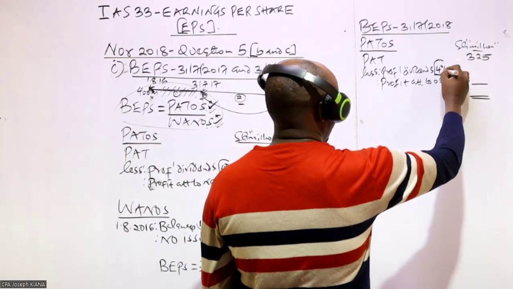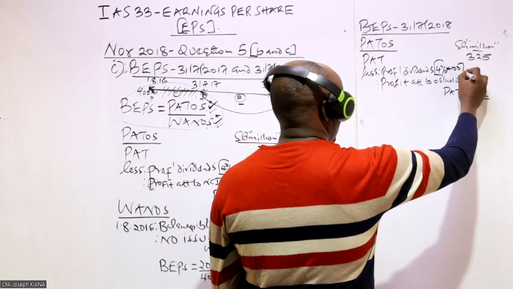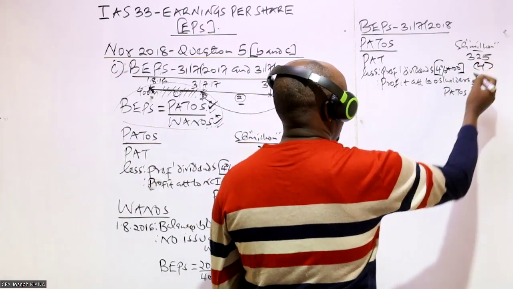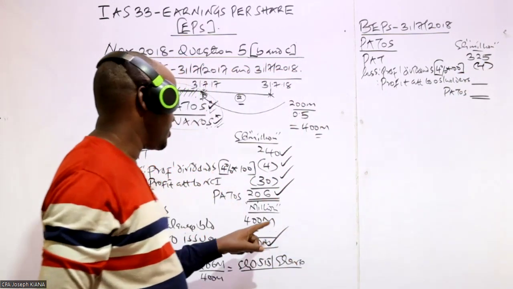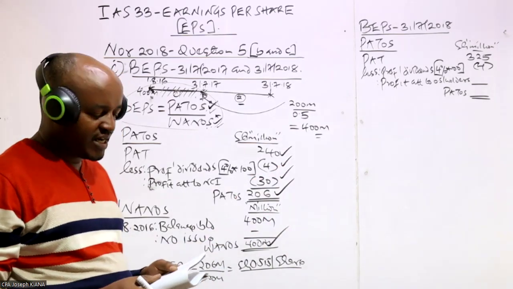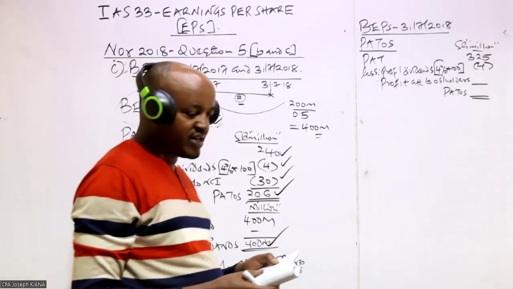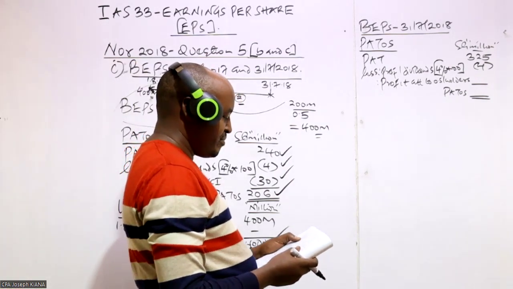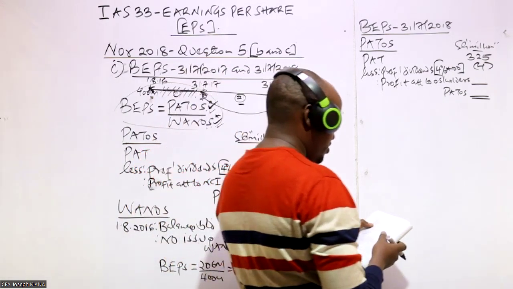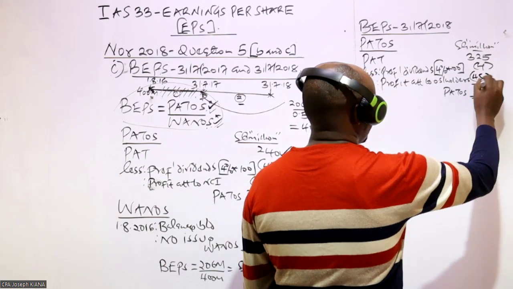So the preference shares issued by the company of 4% times the preference share capital for 2018. So actually, this one will not change. The preference dividends for that year remain 4 million, just like 2017. And then we less the profits attributable to NCI, which is given in the income statement up there. Profit after tax attributable to non-controlling interest is given as 45.